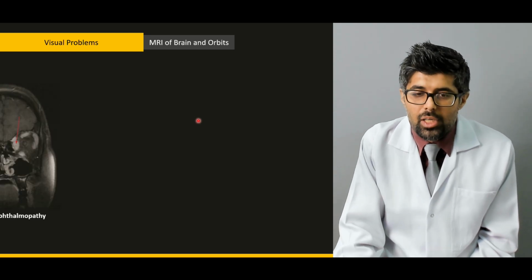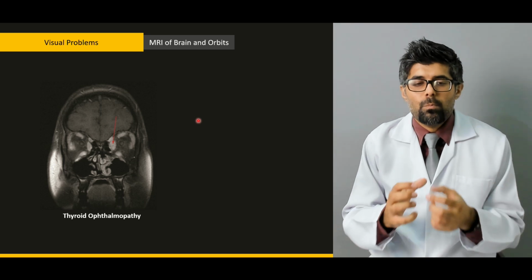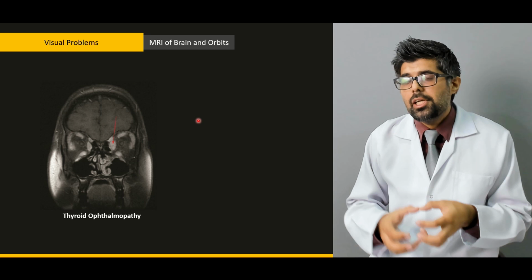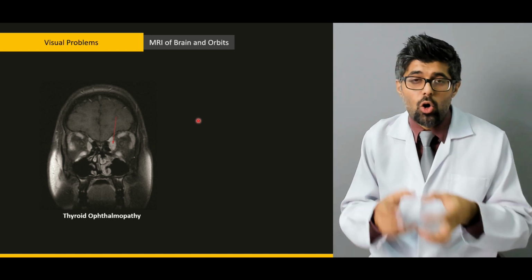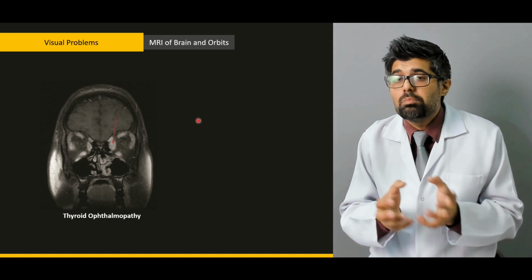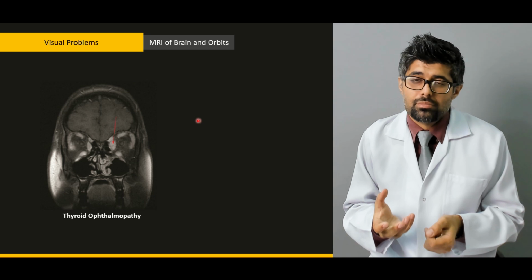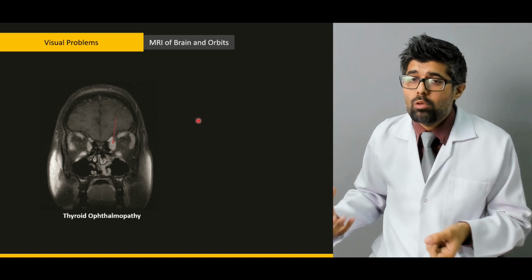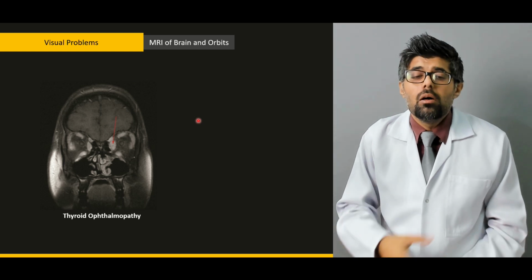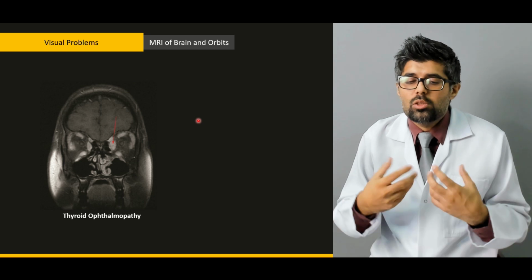Next, the MRI of brain and orbits. Now, as I said, in EENT we only study masses in the orbit. Around the eye, there are various muscles, and these muscles, sometimes along with the fat pad inside the orbit, might give us a condition called exophthalmos.